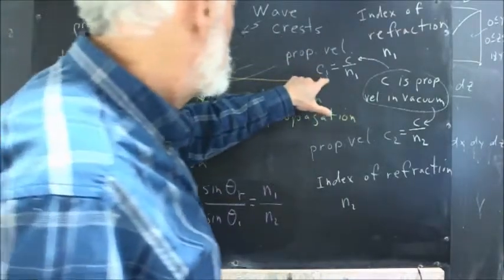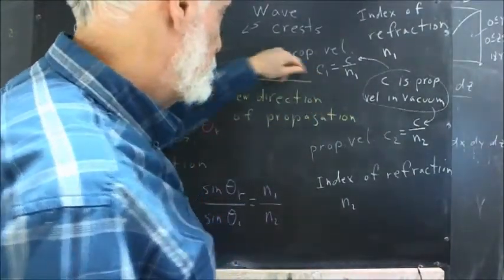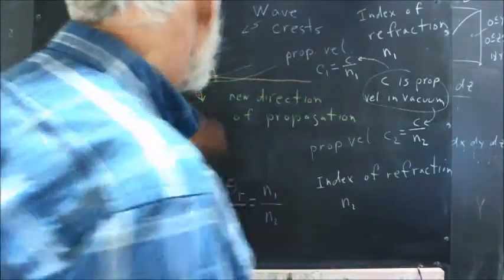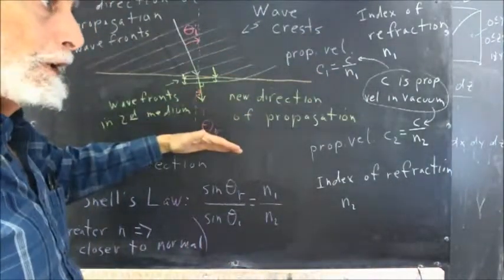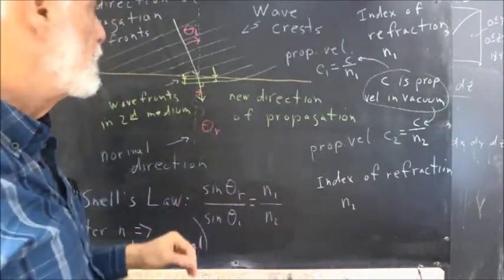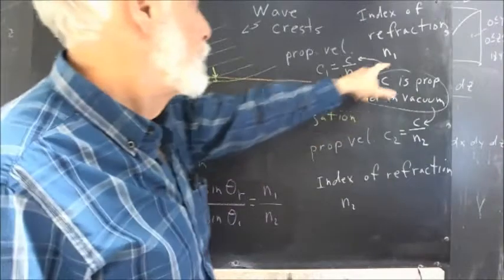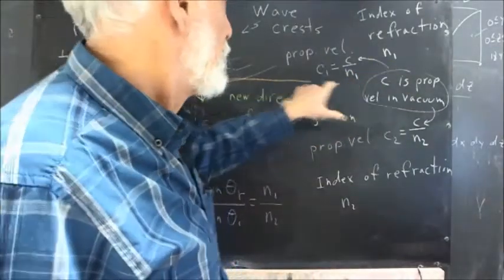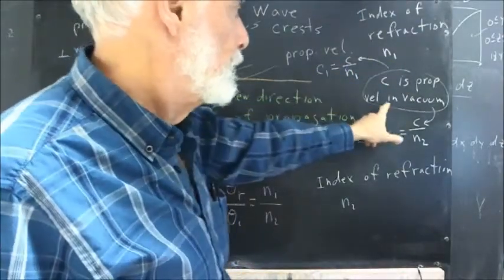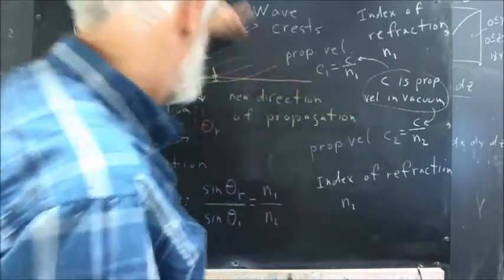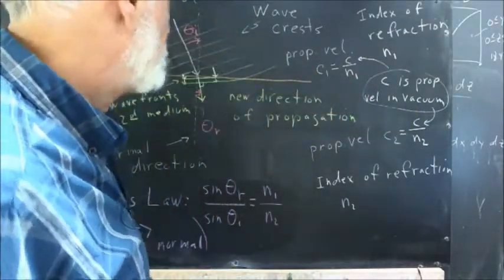Then the propagation velocity in this first medium is going to be C over some number n1. Any medium is going to tend to reduce the speed of propagation of the wave, so that n1 is the factor by which the speed of propagation is reduced from its free velocity in a vacuum to the velocity in whatever the medium is here.